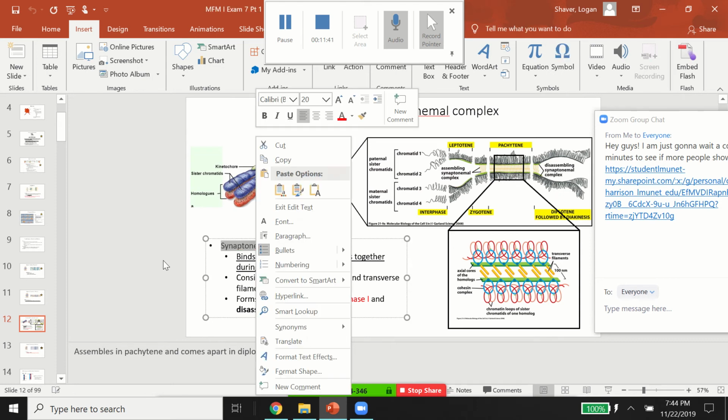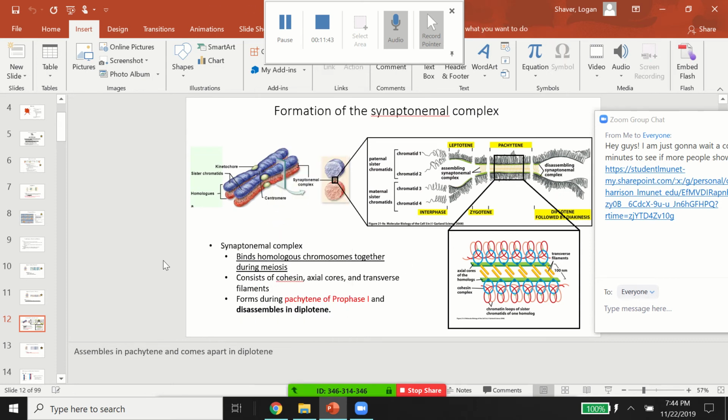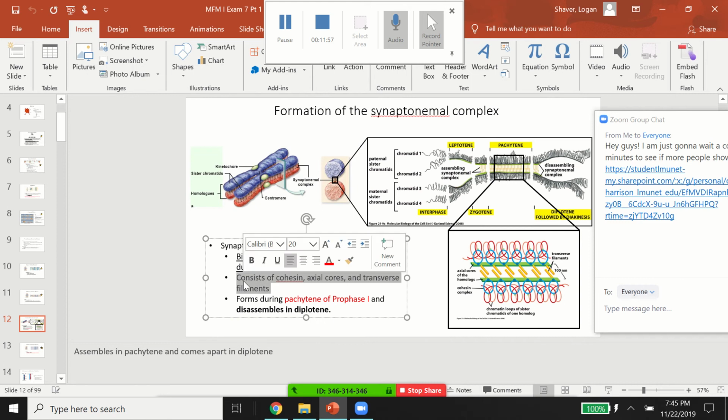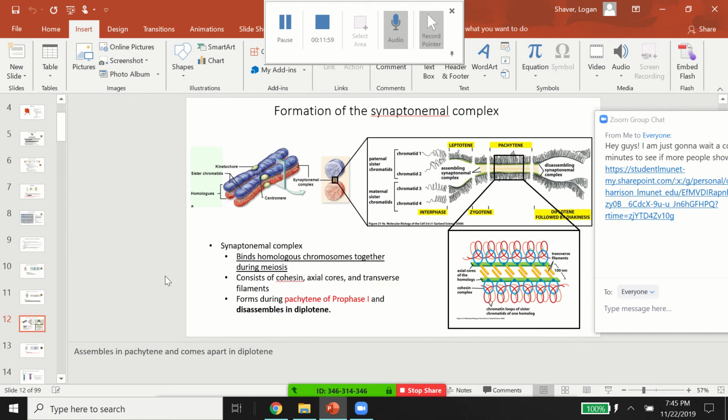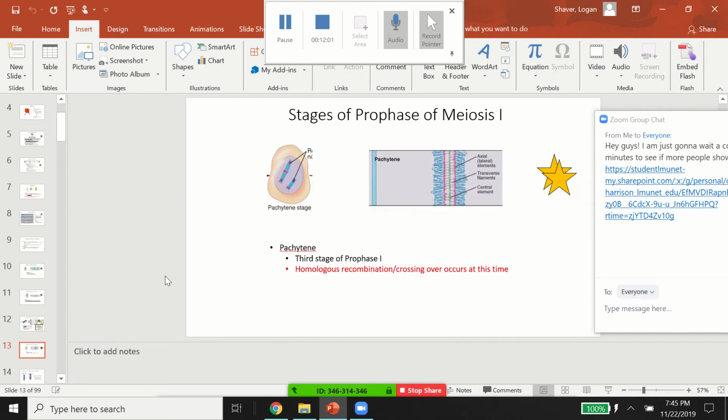These are actually my slides when I use them, but I know they're the same ones because I download them just to make sure. But I'd keep that in mind. If he were to ask a specific phase where this occurs, it'd be pachytene instead. The whole purpose is just to put them together.